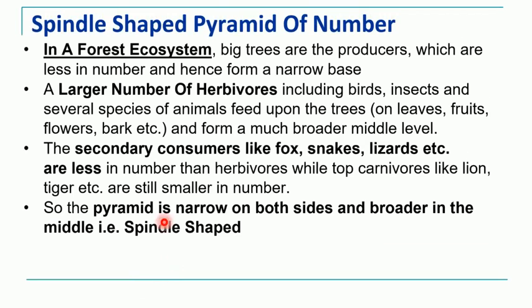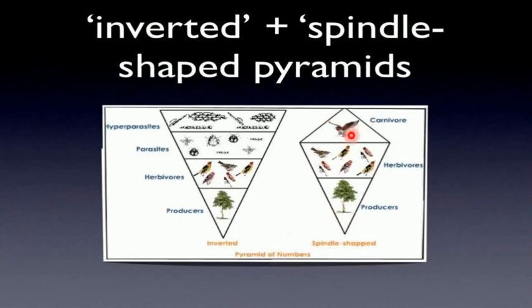Followed by you have secondary consumers like fox, snake, lizards, which are still less in number than the herbivores. Therefore, the uppermost strata of the pyramid of number is quite smaller. So in this picture you can see the top consumers like lions, tigers or other animals, they are very few in number compared to the herbivores.